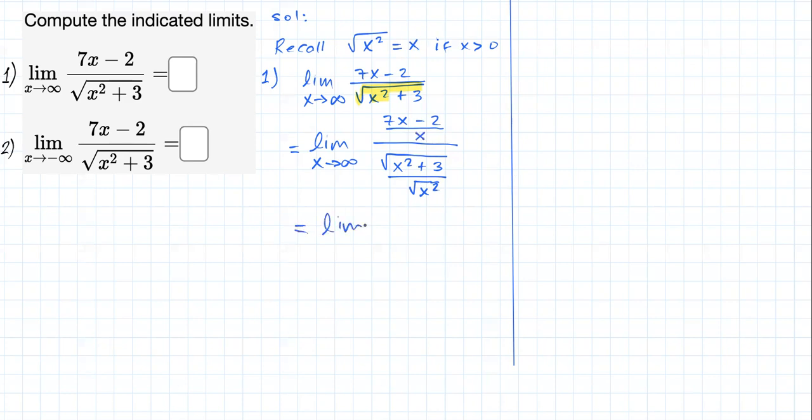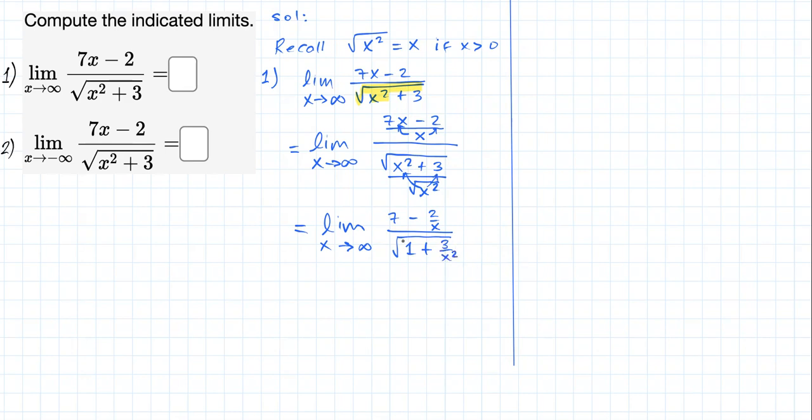Okay, so let's do the algebra now. In the algebra here, x into 7x is just 7, minus, x into 2, 2 over x. Here, x squared into x squared, don't forget the square root, it's just 1, plus x squared into 3, 3 over x squared.